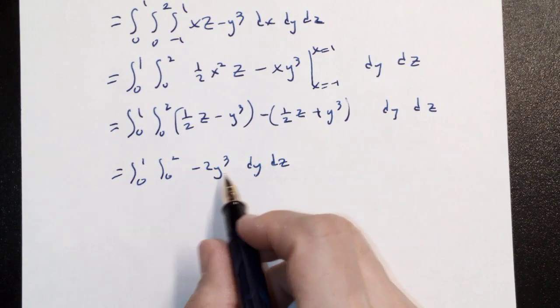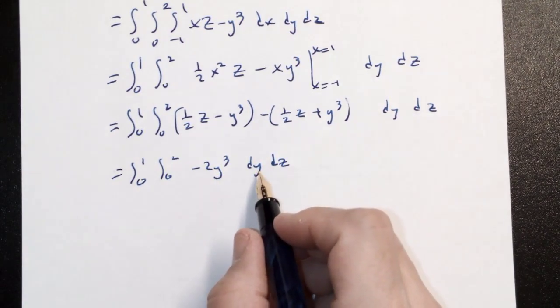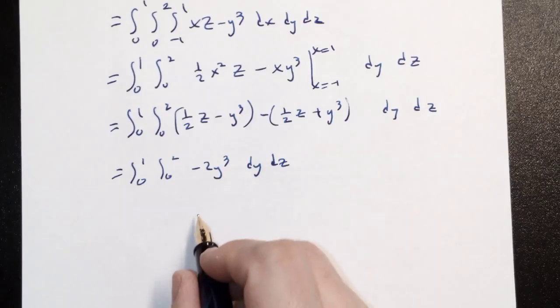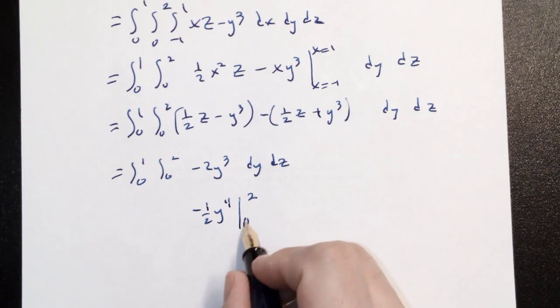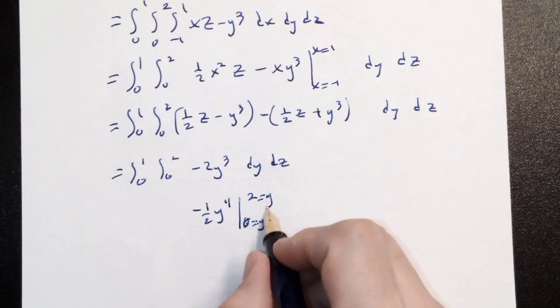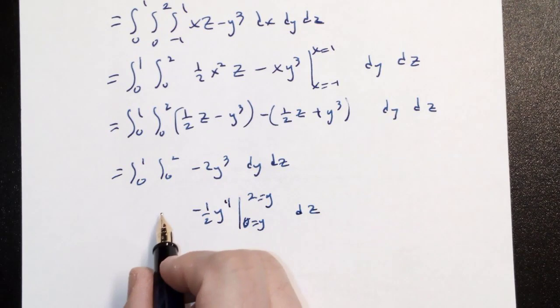2y cubed, integrate with respect to y, and you get, from 0 to 2. I really should write y equals there because I have another option for a letter.